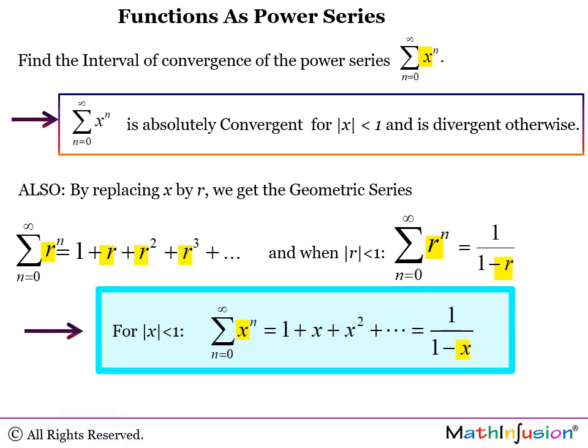Now we will go back to x and we will get that for any value of x which is in absolute value less than 1, the sum from 0 to infinity of x to the n, which is also 1 plus x plus x to the power of 2 plus and so on, is 1 over 1 minus x.